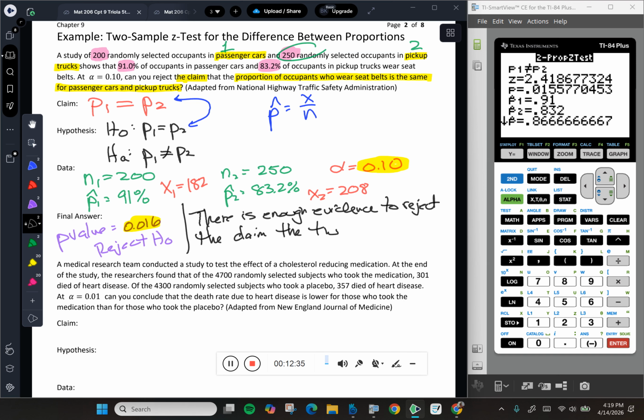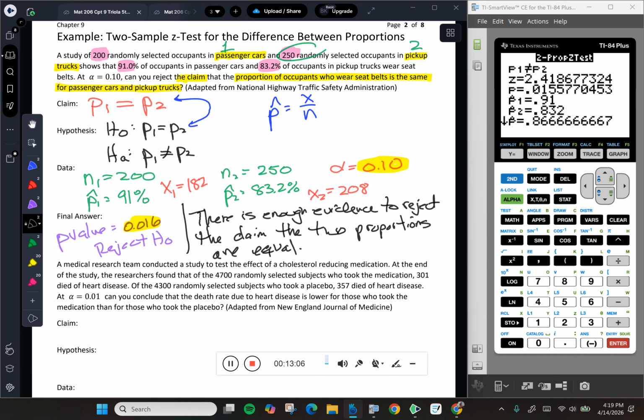The two proportions are equal. Now, of course, with all of these, you could fluff that up as much as you wanted. You could say there is enough evidence to reject the claim that the proportion of passengers in passenger cars and the proportion of passengers in pickup trucks that wear their seatbelts is the same at a significance level of 0.10. That's a lot more words to say the same thing.